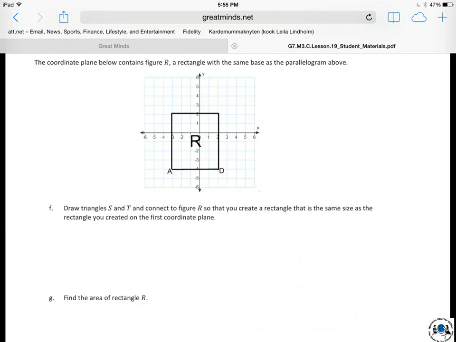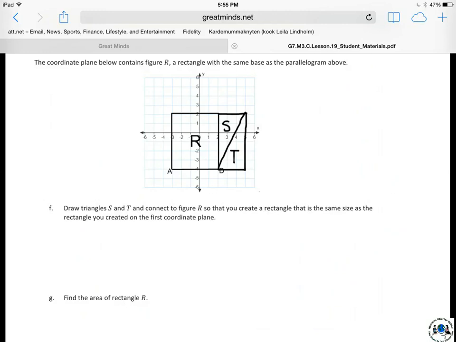So you're trying to create a rectangle that is the same area as the one we just did, adding two triangles, S and T. I'm going to request that you add them this way. Anyway, go ahead and give it a try. Come on back, and you can see what I did.